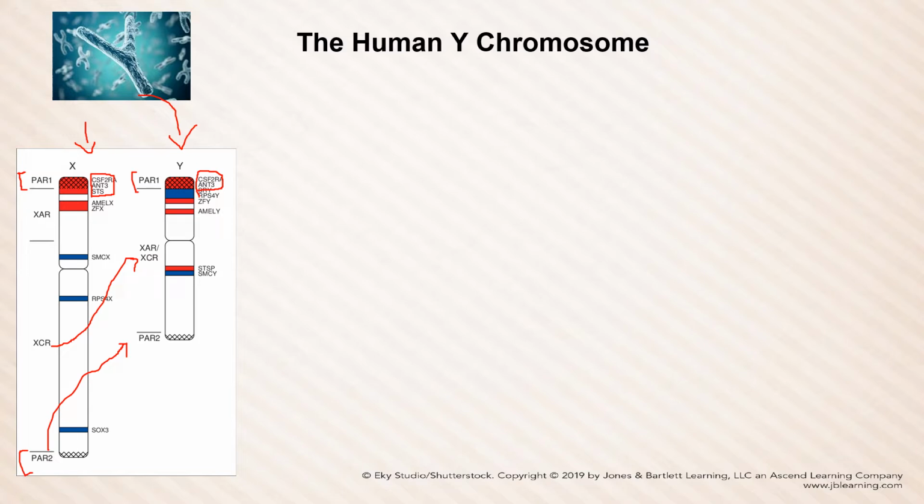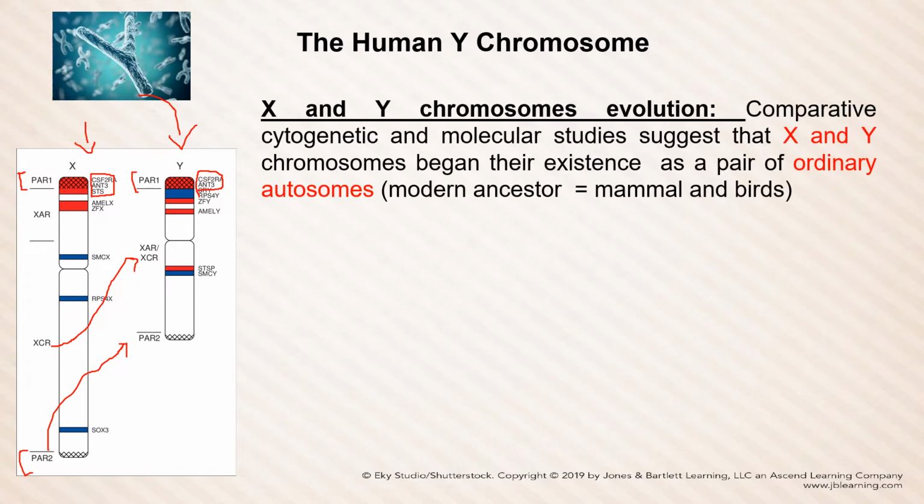But the Y chromosome started losing more and more genes and content. So remember, when you compare these two chromosomes using cytogenetic and molecular tools, all the information indicates that they used to be ordinary autosomes.